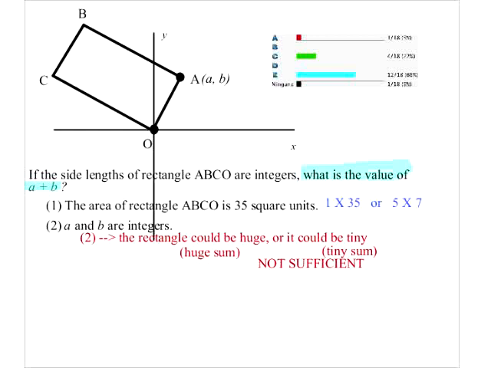That's not really going to tell us much, because these values mean AO could be 1, 5, 7, or 35. So AO could be any first quadrant segment with length 1, 5, 7, or 35. So this is not going to give you a constant sum.